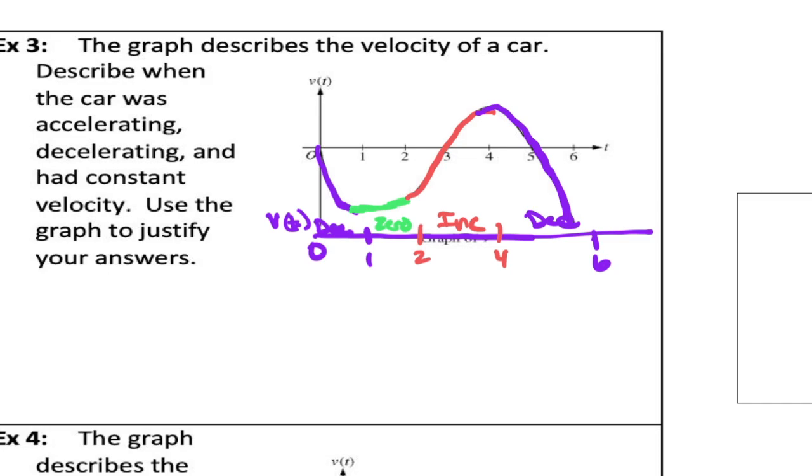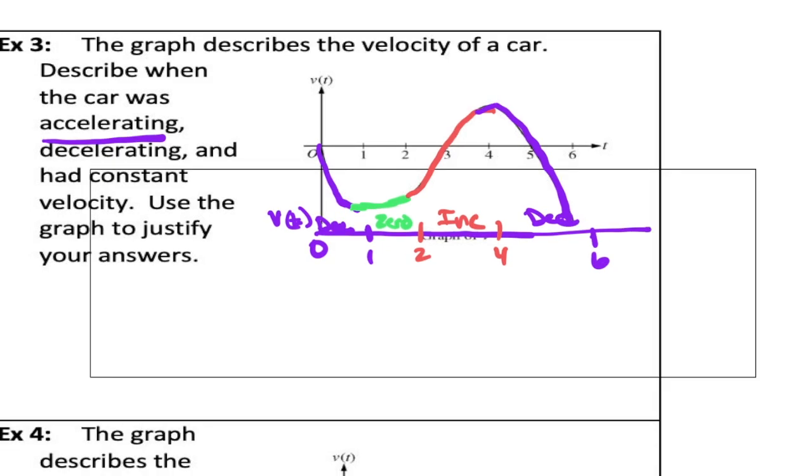So the statements we want to make: we want to discuss whether our car is accelerating, decelerating, or constant. As we make our statements, look for the 3 components. You want to make certain that you're describing what's happening with the graph, the velocity is decreasing, where something is happening, and answering the question: the car's decelerating on these intervals.